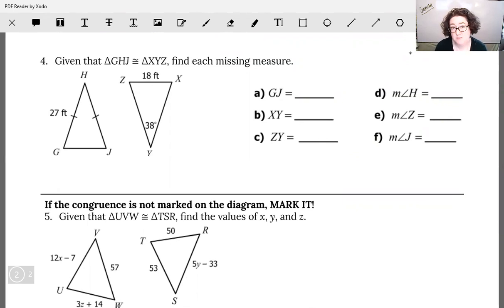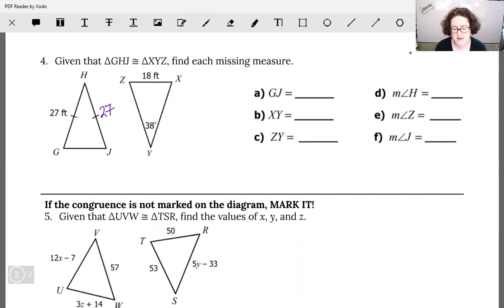So I already have some marks going on with these diagrams, but let me do some extra labeling just to make sure. So we have HG, 27 feet. So I know I can go ahead and label that as 27 as well, because they are isosceles triangles. Wait a second. Well, the first one's an isosceles triangle. If the triangles are congruent, then the other one must be isosceles as well.